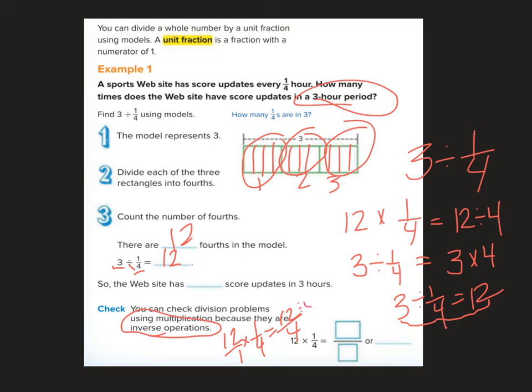So I could divide by 4, and get 3 over 1, or 3. And I talked about it up here too. 12 times 1/4 is the same as saying 12 divided by 4, so it equals 3.